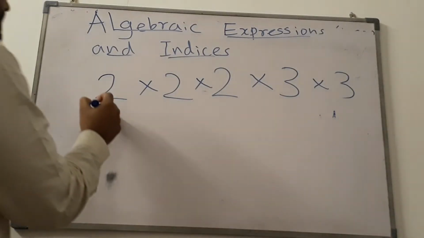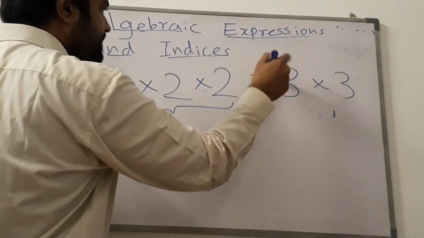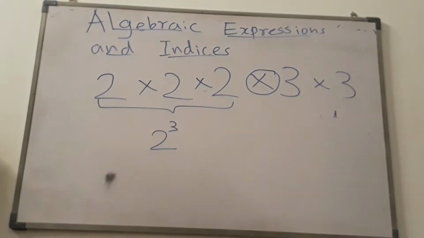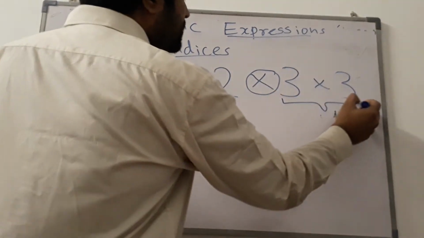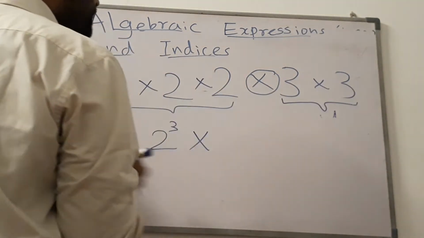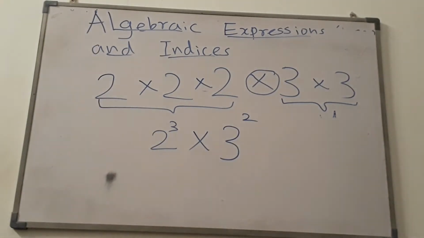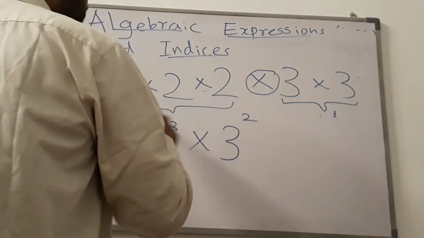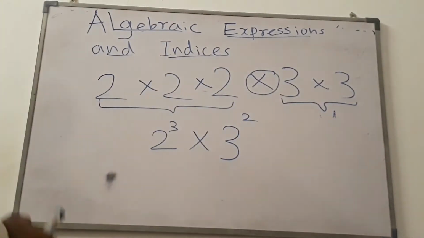So we can write this as 2 to the power 3, and there's a multiplication. Keep that multiplication mark, and there are 2 3's multiplied with each other. So there are 2 3's, so we can write it as 3 to the power 2. So we can write this as 2 to the power 3 times 3 to the power 2.